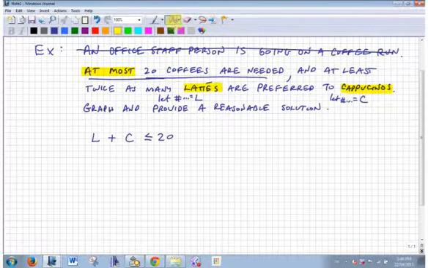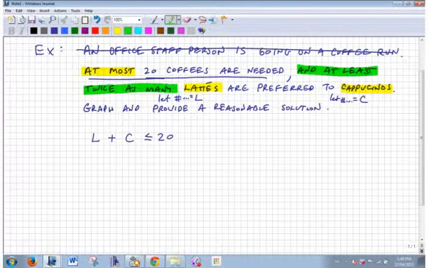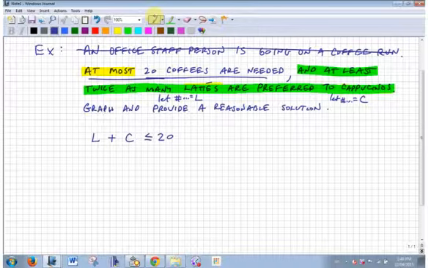Here's the next bit. At least twice as many lattes to cappuccinos. And this one's a little trickier. Because if you write it down, I'm going to write it down wrong, okay? So don't copy this. If you write it down as it looks, twice as many lattes as cappuccinos, it's wrong.